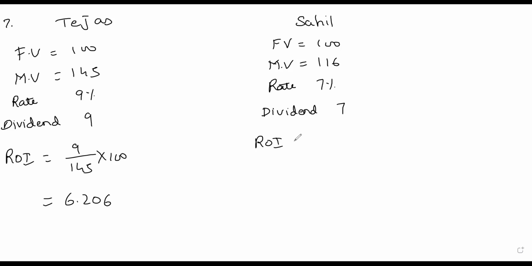And return on investment for Sahil, return on investment is annual income, that is 7 rupees upon market value 116 into 100. 7 multiplied by 100 divided by 116, it is 6.034. अब इन दोनों में इसका ही रेट ऑफ रिटर्न ज्यादा है तो इसका इन्वेस्टमेंट ज्यादा अच्छा है क्योंकि इसका 6.2 है और इसका 6.03 है तो इसका रेट इन्वेस्टमेंट ज्यादा अच्छा है.